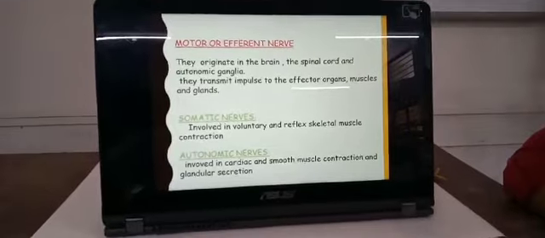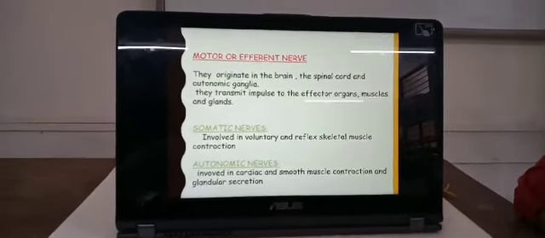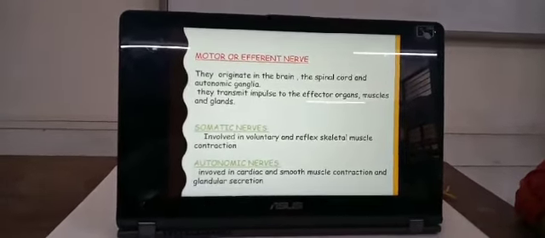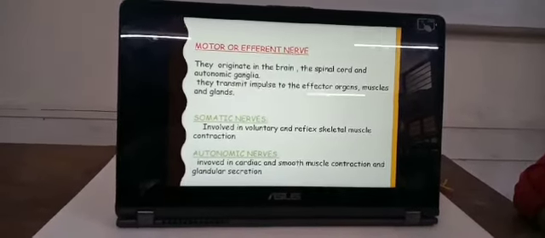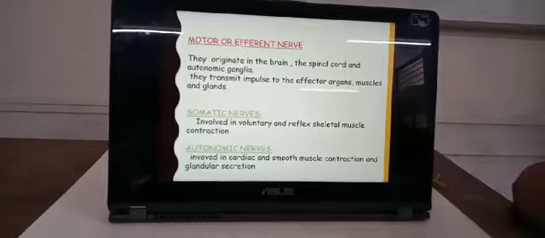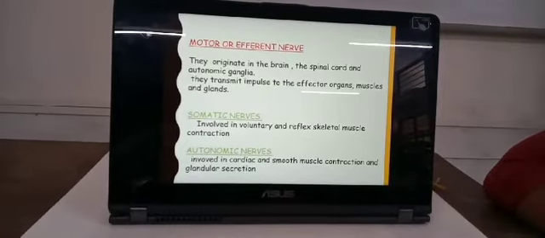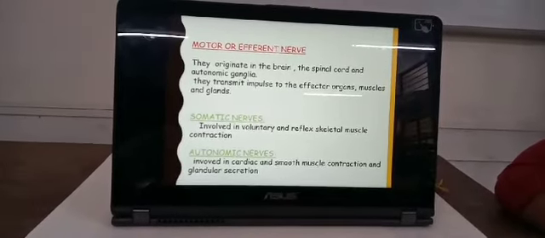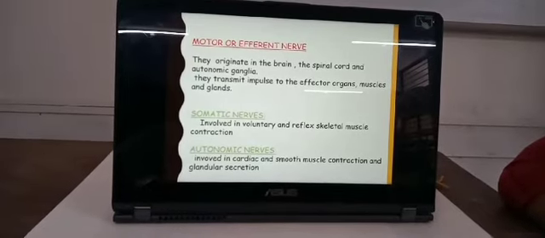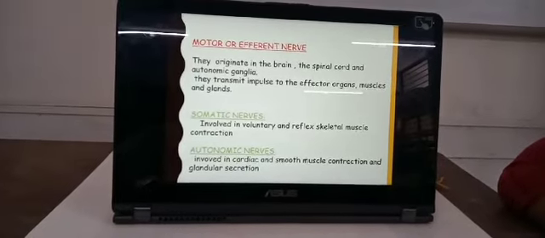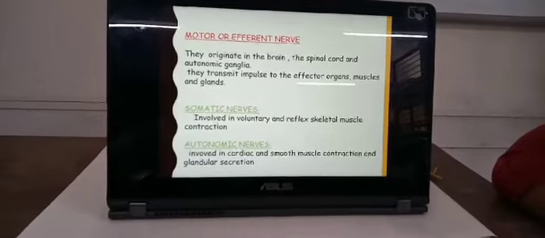The motor or the efferent nerve, they originate in the brain and the spinal cord and the autonomic ganglia. Here the word ganglia is used because the nuclei that is present in the peripheral nervous system together form the ganglia. They transmit impulses to the effector organs, muscles and glands.